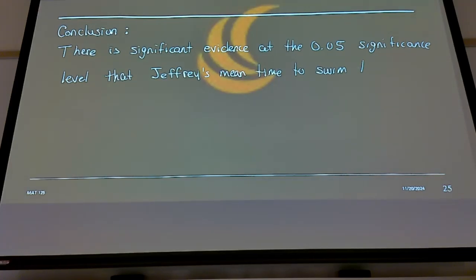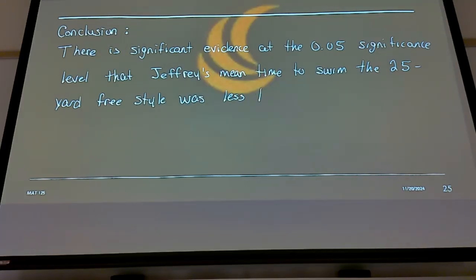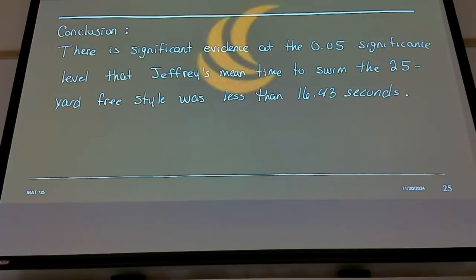Was it 25 yards? There's significant evidence at the 0.05 significance level that Jeffrey's mean time to swim that 25-yard freestyle was less than 16.43 seconds.